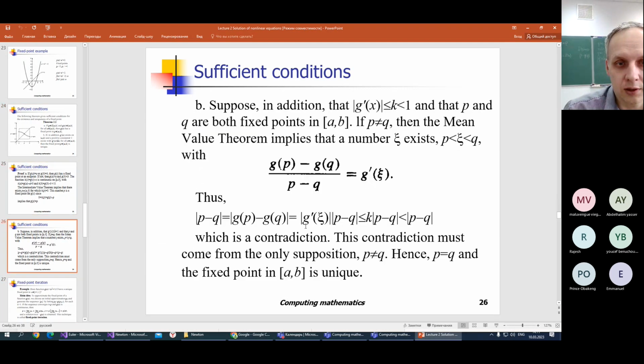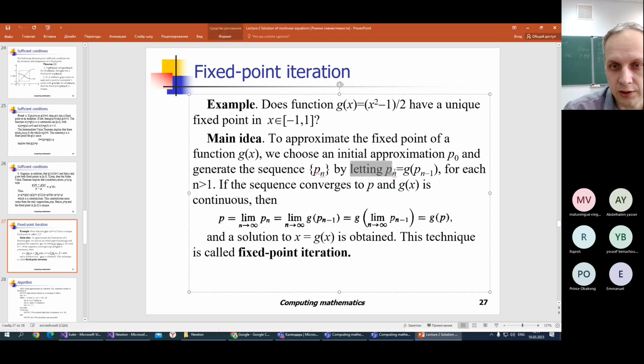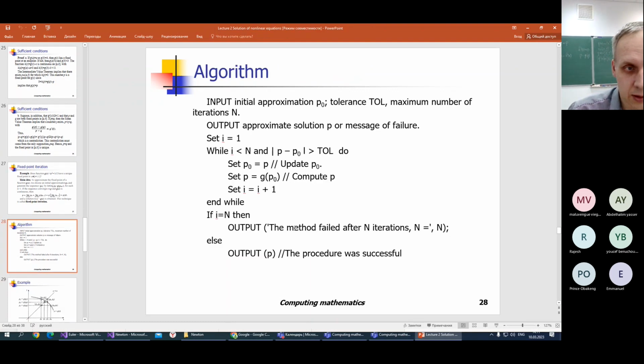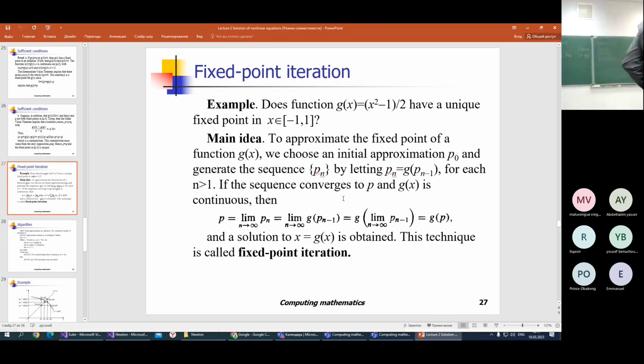So the main idea, and the main formula, is written here. This is the pseudocode of the algorithm. I ask you to consider the function f of x equals x minus cos x. For example, let's select x0 equals 0.